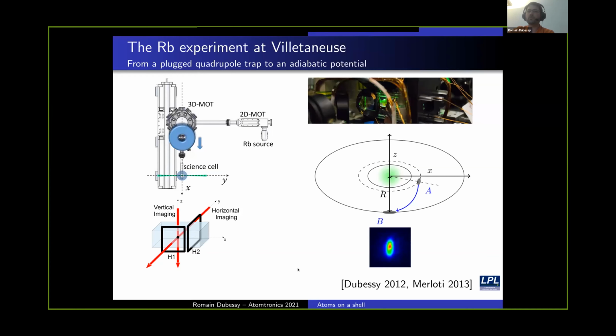It means we release the trap, let the atoms expand, and record a density profile after free expansion. This density profile reflects the momentum distribution of the gas. Whereas when we do vertical imaging, we can do either in situ imaging to look at the atoms inside the trap, or after a time of flight to see the in-plane momentum distribution.